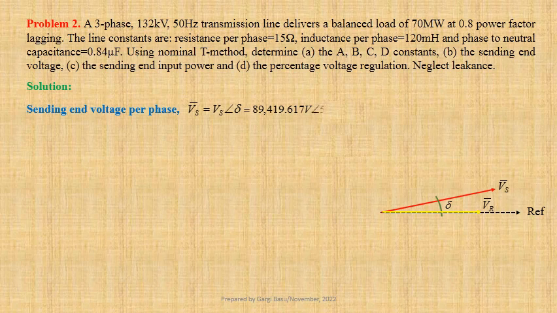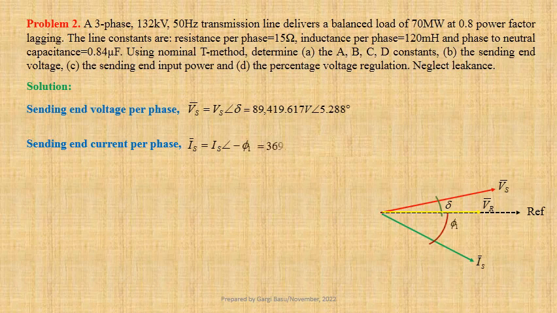We have obtained sending end voltage per phase Vs equals Vs at an angle delta equals 89,419.617 volt at an angle 5.288 degree, and sending end current per phase Is equals Is at an angle minus phi 1 equals 369.1 ampere at an angle minus 34.2529 degree.